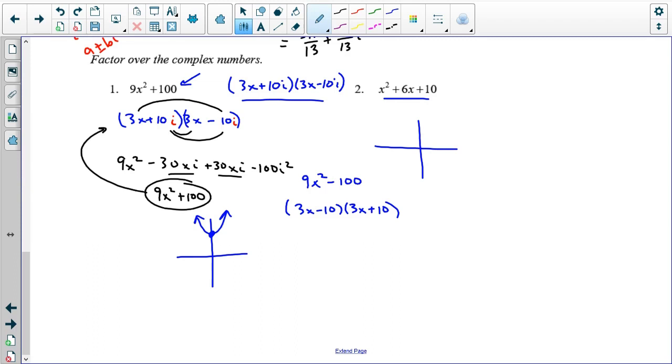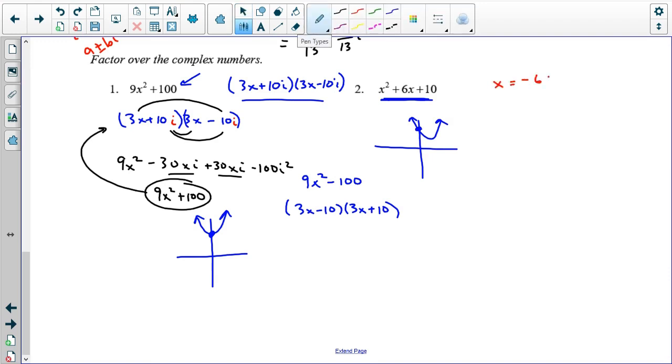It doesn't have its vertex on the y-axis, but it has a y-intercept of 10, and it's a graph that looks something like this. So probably the easiest way to do something that isn't the sum of two perfect squares like number 1 is to do the quadratic formula.